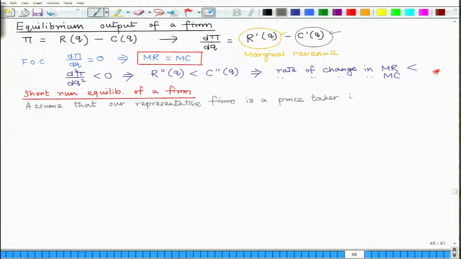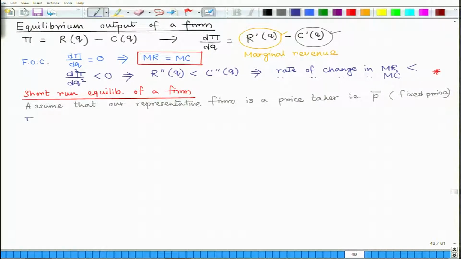It implies that if there is a market price P bar, then the farm is selling its output at this particular P bar, which is beyond its control. So, this is a fixed price. So, our profit maximization problem in that case.